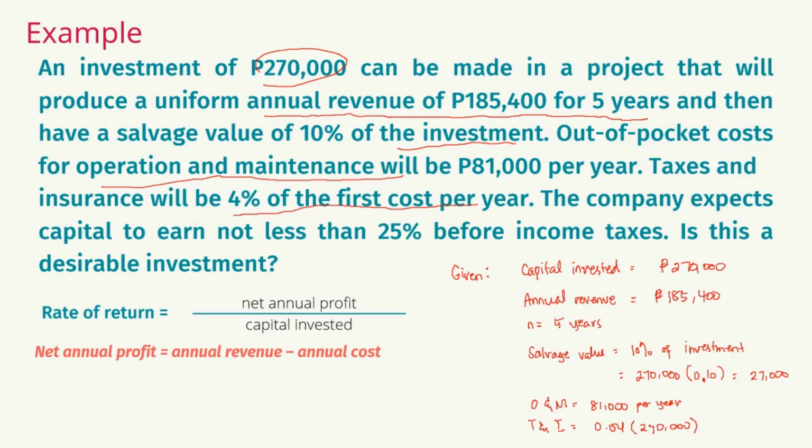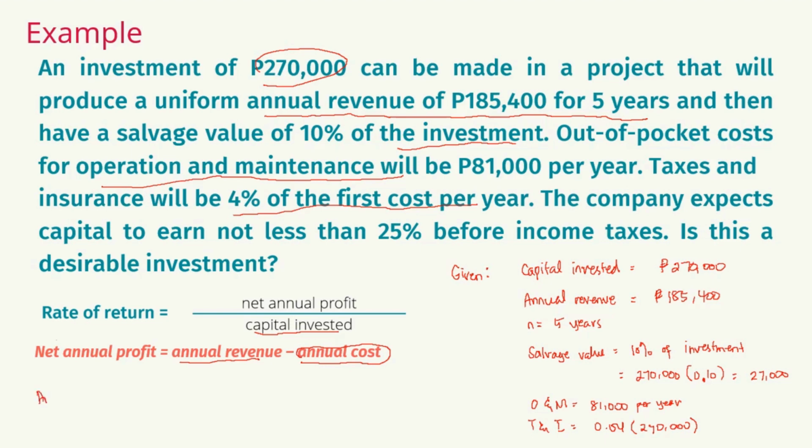So, kung alam natin yung annual revenue, alam natin yung capital invested. So, what we are looking for is the annual cost. Ito yung i-compute natin to get the rate of return. So, from all are given, let's compute the annual cost.